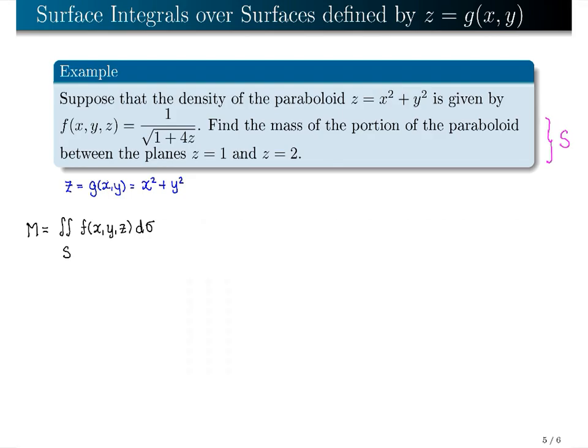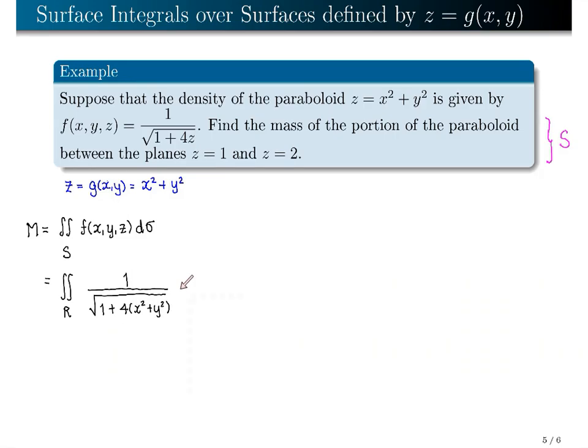The previous remark tells us that the surface integral is equal to the double integral over some region R of, we need to express f of (x, y, z) in terms of x and y, and so we have 1 all over the square root of 1 plus 4 times z, where z is equal to g of (x, y) equals x squared plus y squared.